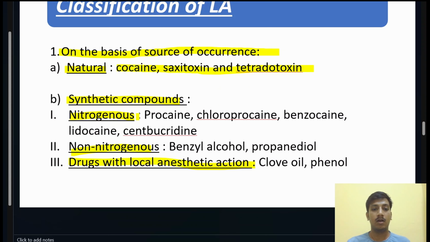In nitrogenous, there is procaine, chloroprocaine, benzocaine, lidocaine, and centbucridine. In non-nitrogenous, there is benzyl alcohol and propanediol. The drugs which have local anesthetic action are clove oil and phenol.